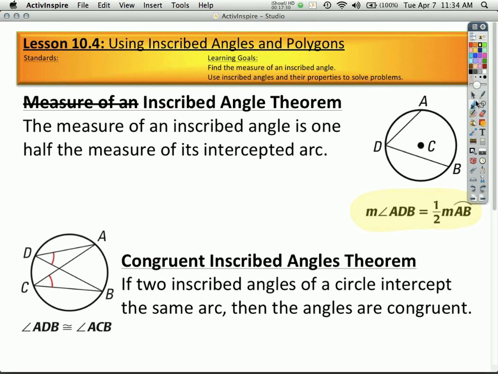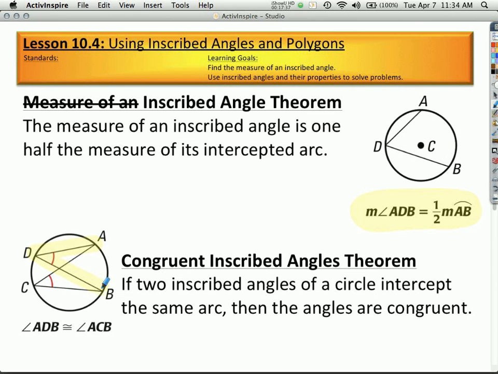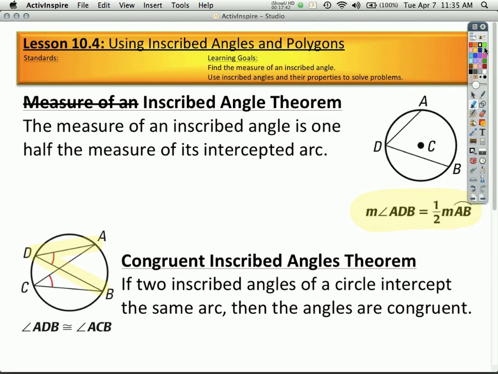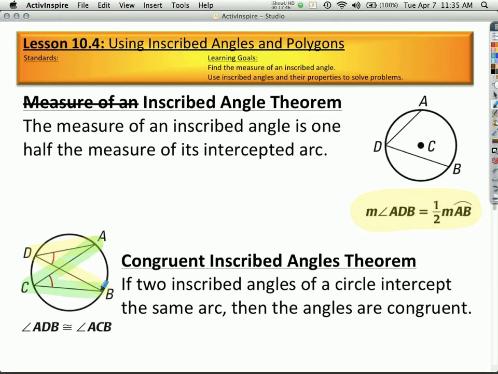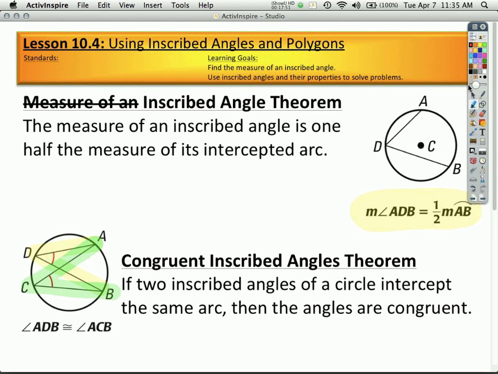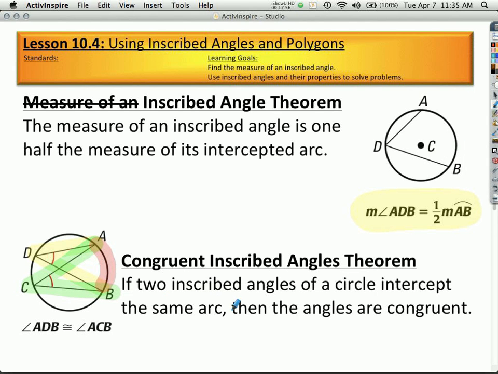So to clarify what we're looking at, if we look at ADC, that is intercepting arc AB, and then we have angle ACB, that is also intercepting the same arc right here. They are both intercepting that arc. Two inscribed angles intercepting the same arc, they are congruent to each other.